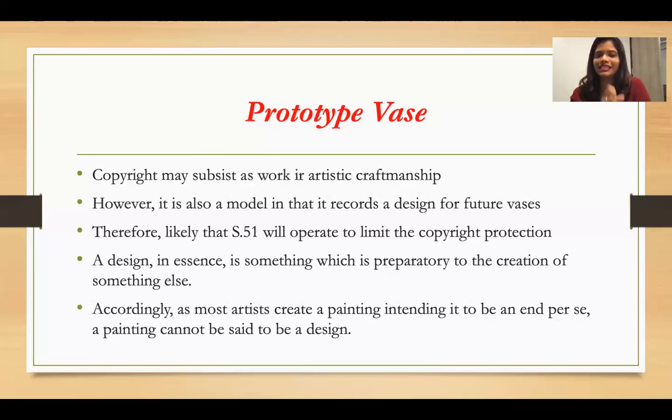Okay, but at the same time, courts are very scared to give you copyright very soon, because the courts feel that if we give you, it will automatically limit the protection. Why? Because now future people who want to come up with a similar design will find it a bit difficult, because I have already got the design there.